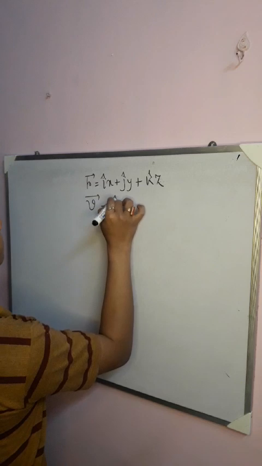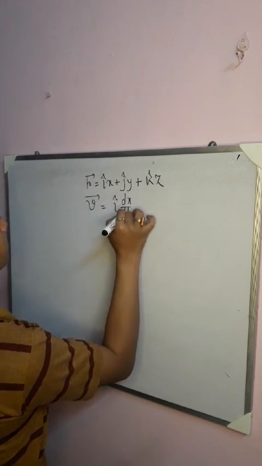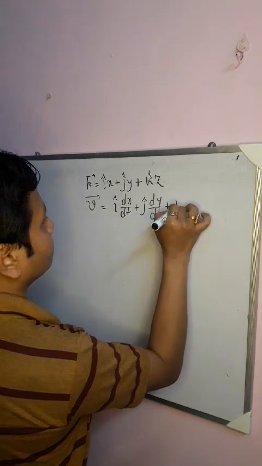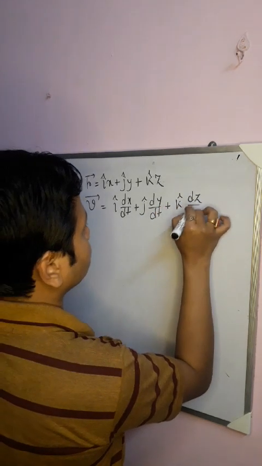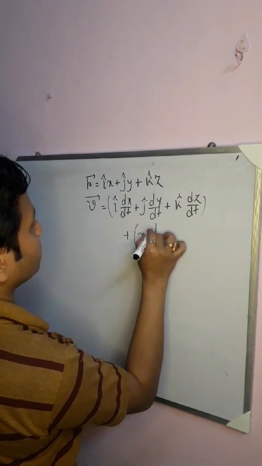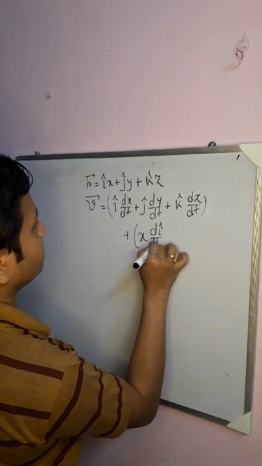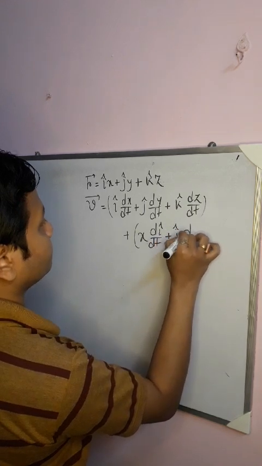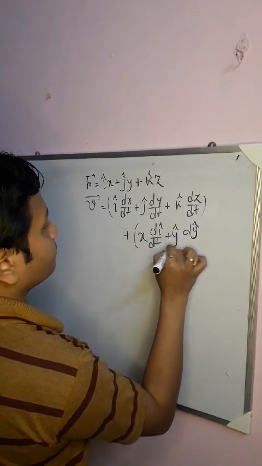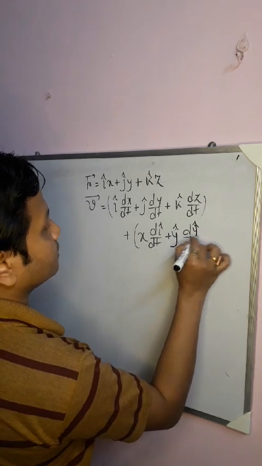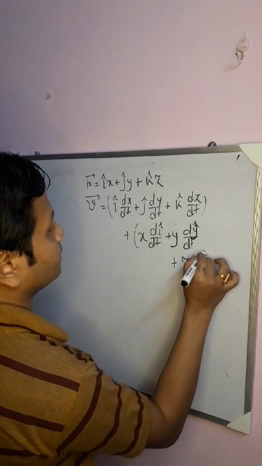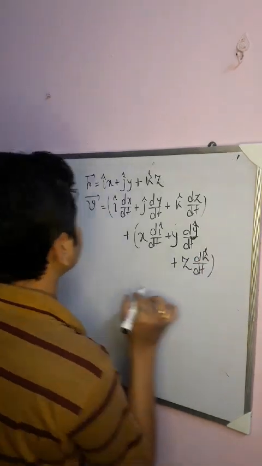That is simply i cap dx/dt plus j cap dy/dt plus k cap dz/dt, plus x di cap/dt plus y dj cap/dt plus z dk cap/dt.